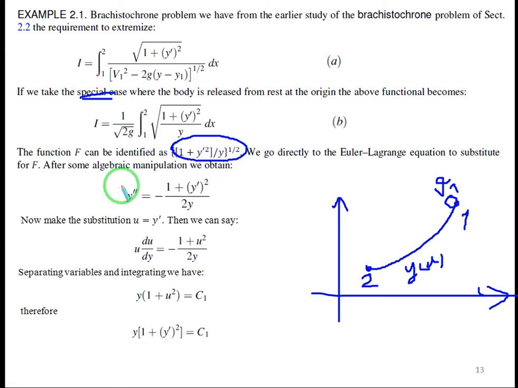we will obtain the following ordinary differential equation. As we can see, this equation is a second order ordinary differential equation, and to solve it we need two boundary conditions, y1 at x1 and y2 at x2.